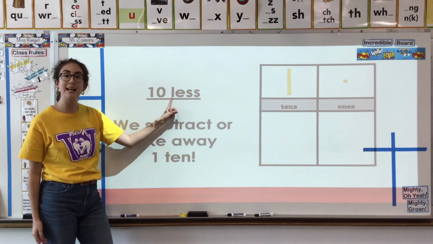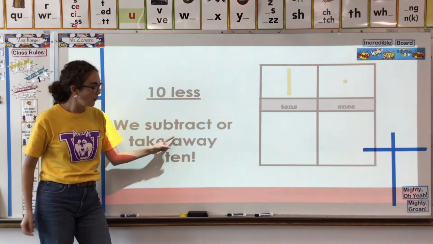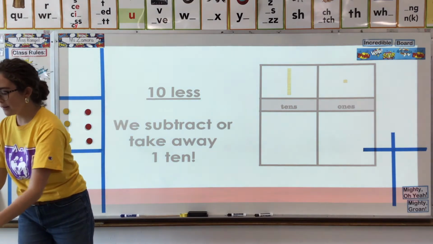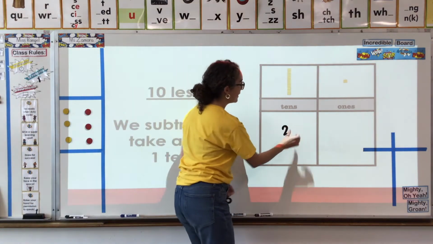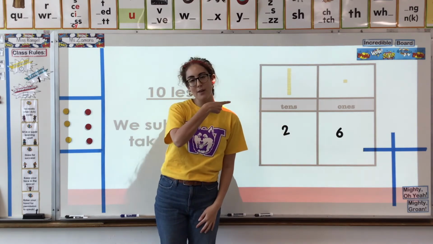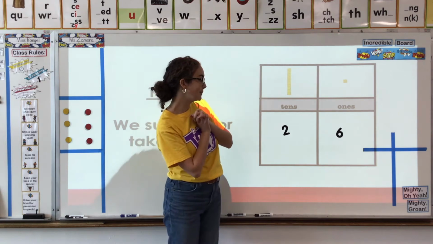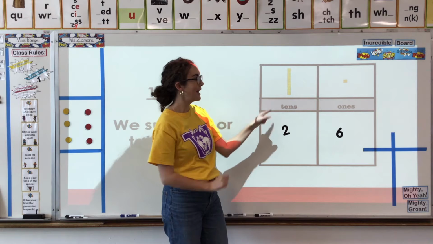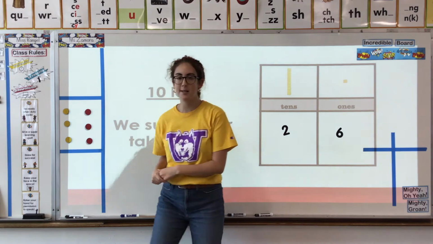In order to make a number 10 less, we have to take away 1 ten. So for the number 26, how many tens are in the number 26? There are 2 tens in the number 26 because it's in the tens place.